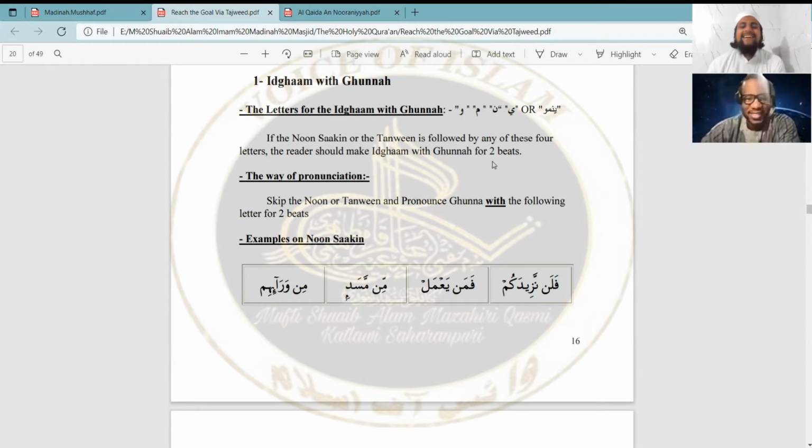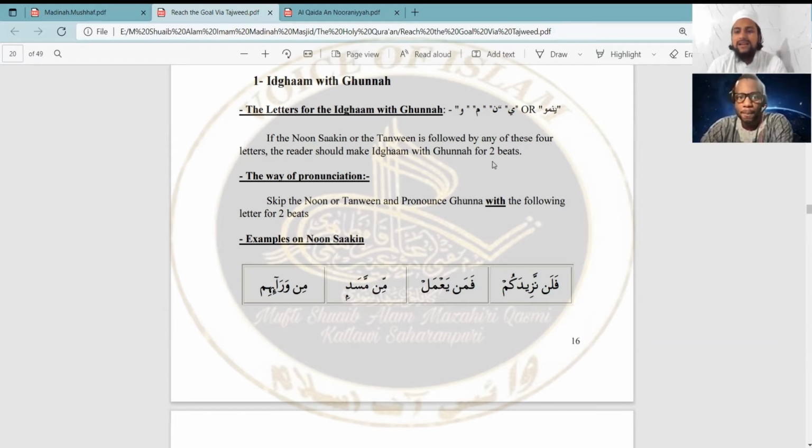Now take the example where we stopped our recitation today. Na'iman wa mulkan kabira. There is waw followed by tanween. Na'iman wa. So we entered tanween into a mutaharrik letter which is waw.